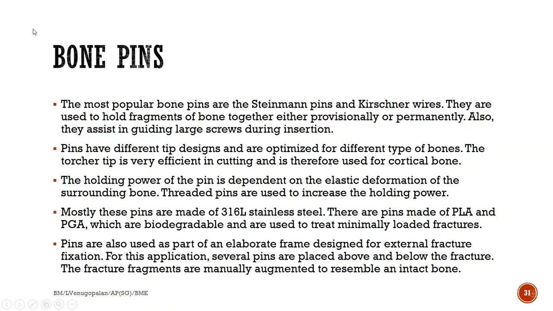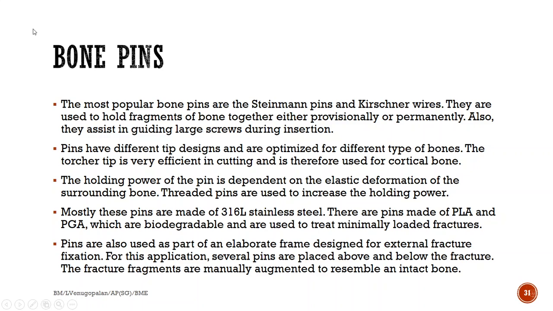This is usually done in fractures where the bone is broken into many fragments. Suppose there's an accident-based trauma and something heavy falls on the bone, then the bone fractures into multiple tiny fragments. In that case, putting all the bone pieces together will be like a jigsaw puzzle, right?